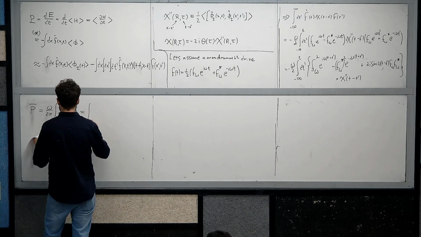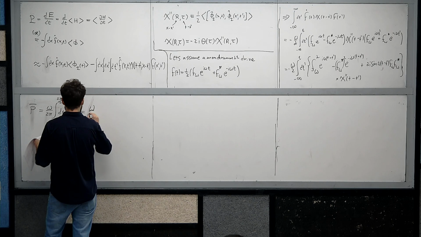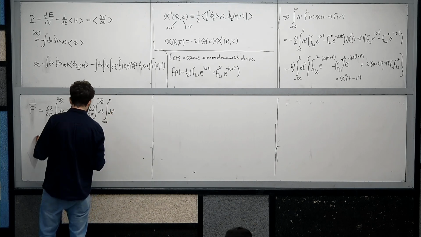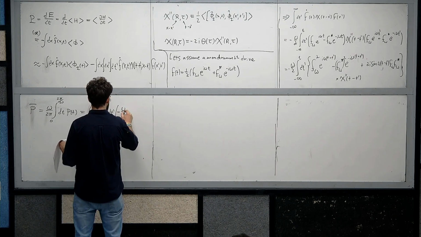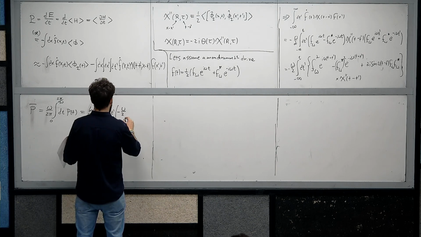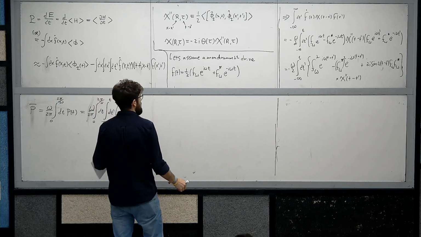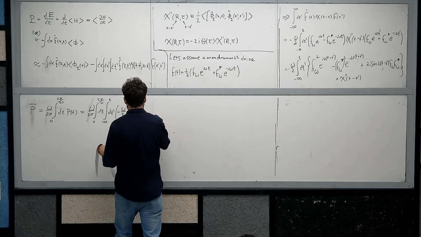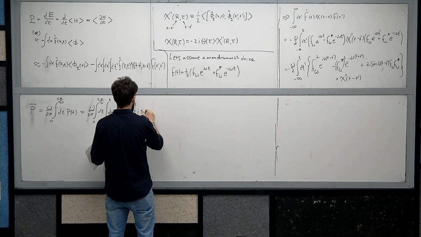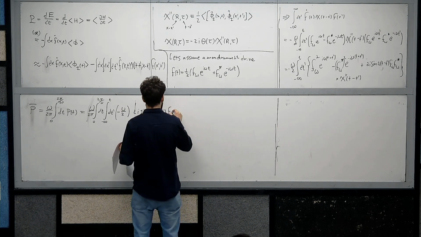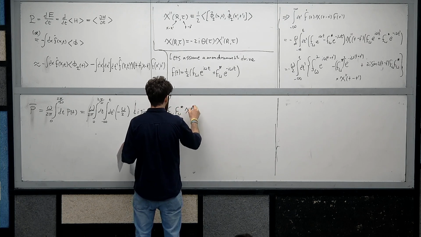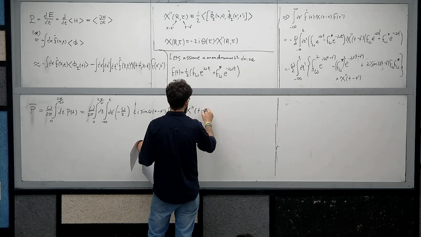So it would be like writing omega over 2 pi, integral from 0 to 2 pi over omega dt, the integral from minus infinity up to t dt prime of whatever I have there, which is like minus omega over 2, and I have 2 times I sine omega times (t minus t prime) f of omega star times chi double prime (t minus t prime).